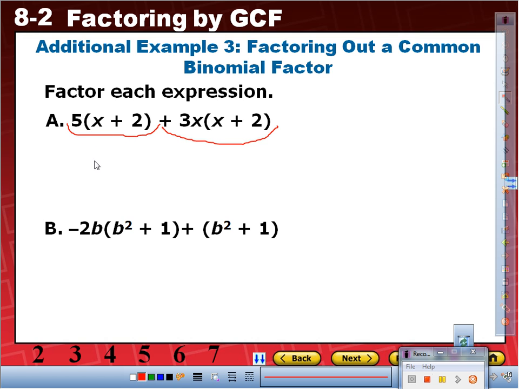I'm going to write it out: x plus 2. So therefore, I got the x plus 2 factored out of each term. Everybody look up. What's left of the first term if I factored out the x plus 2? 5. And what is left on the second term? Plus 3x. And this is another factor. Copy that, please.